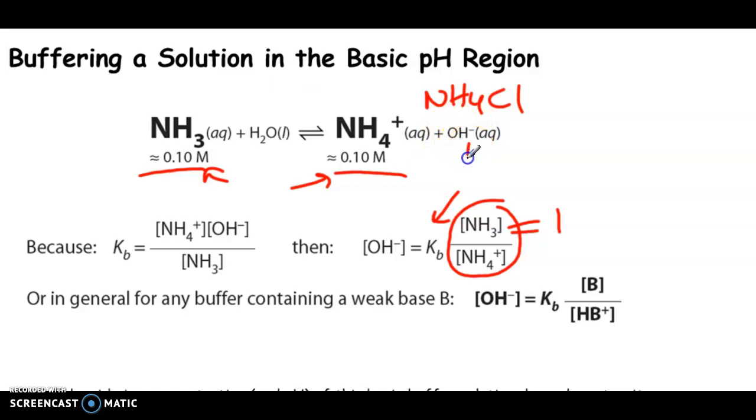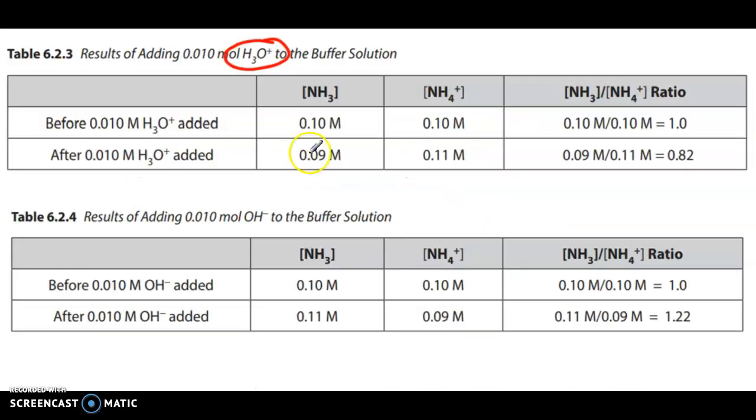The hydroxide concentration will go down and it will shift to the right. So meaning you will now have more of your conjugate acid and you'll have less of your weak base. So if you take a look here, this is the initial one where we had our ratio of 1. In this case, we have now more conjugate acid, less conjugate base. It's shifted to the right. So our ratio is now lower.